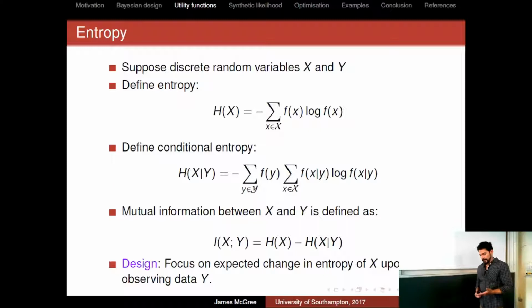So then y, in that case, will be our data. So given we've observed our data, what have we learned about our model indicator? What have we learned about our parameters? So that's how we can derive utility functions using entropy. So I guess obviously we want to maximize the mutual information, and the last thing I should say is we have some control over y through our design.